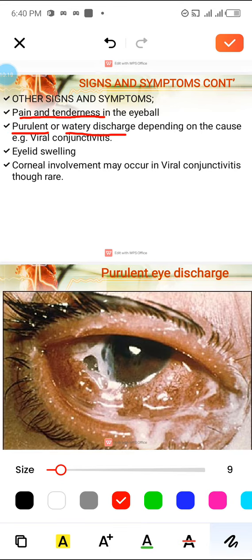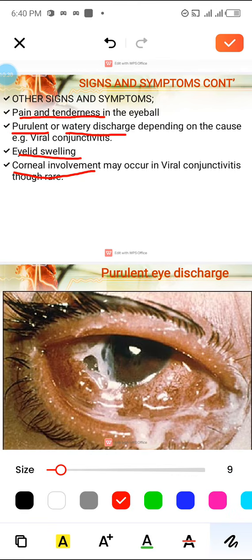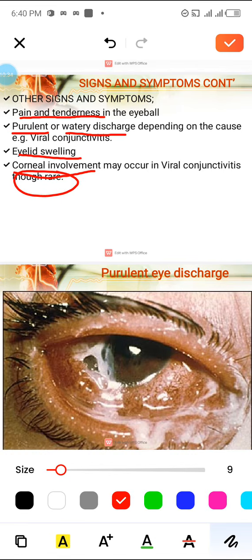That's what happens. Then there can be swelling of the eyelid. You know there's inflammation, so the eyelid will be swollen. Then corneal involvement. The cornea can be involved, but it's rare. Okay, so that's what happens.